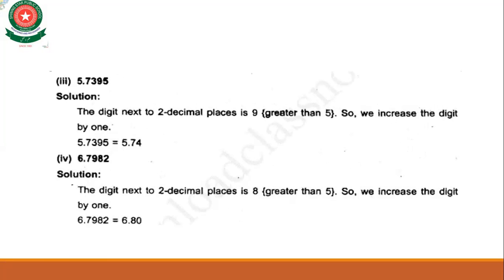Same as part number 4, 6.7982. Here again, 8 is greater than 5. So we increase the digit by 1. Then 6.7982 is equal to 6.80.